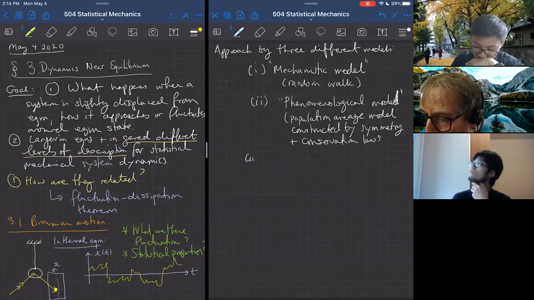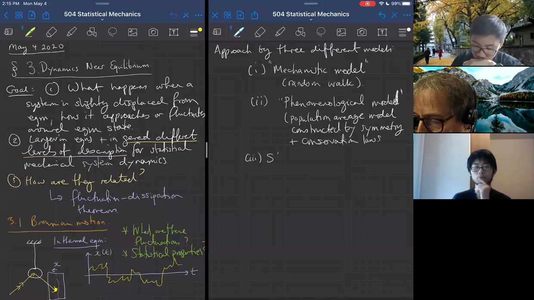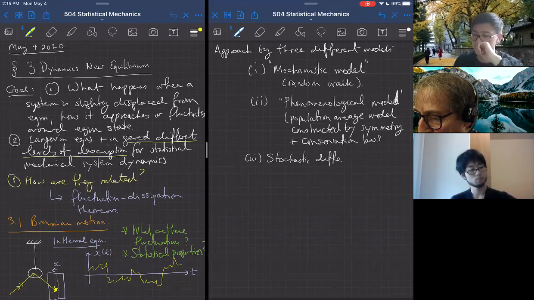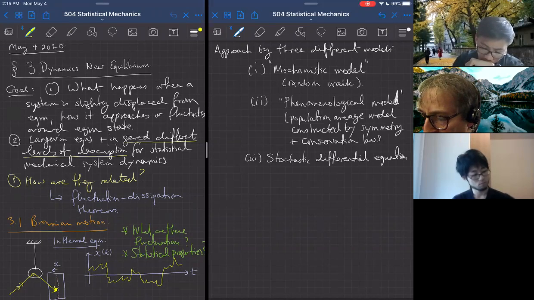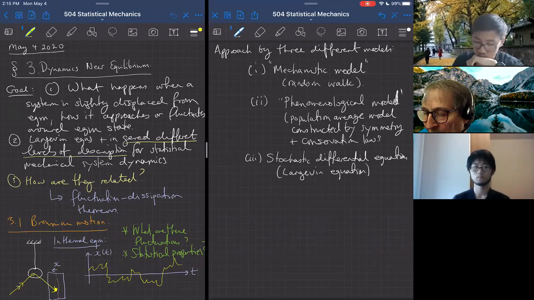And then the third model that we'll talk about is a stochastic differential equation model. This is basically going to be what's called the Langevin equation. And I'm going to teach you how to do stochastic integrals and compute things from these models, from the stochastic differential equation model in particular.